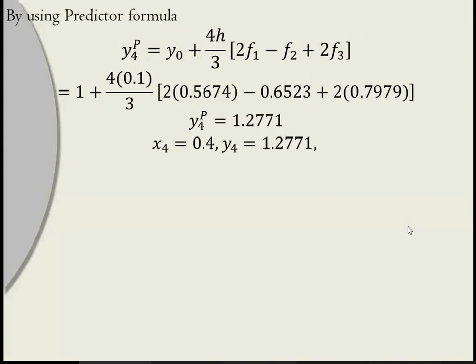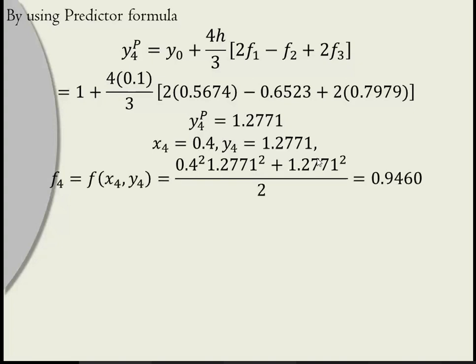We take y4 as the predicted value 1.2771, and we calculate f4 because we want to find the corrected value of y4. For that we need f4. So f4 will be f of x4, y4. Y4 we are taking as the predicted value. Doing the calculation with these values gives us 0.9460.